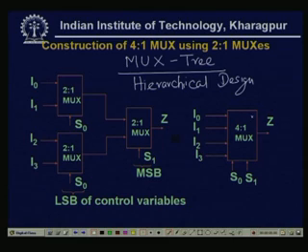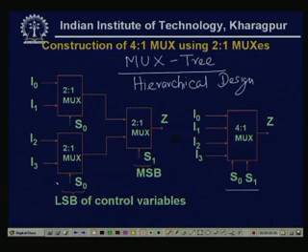So for one 4 to 1 multiplexer we need 4 inputs I0, I1, I2, I3 and 2 control inputs, which are hierarchically fed.